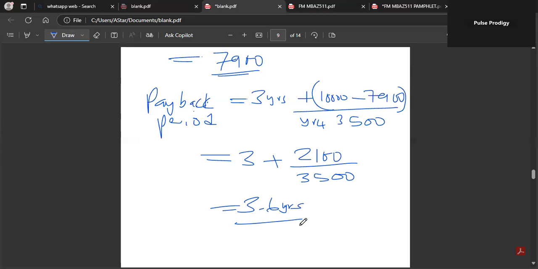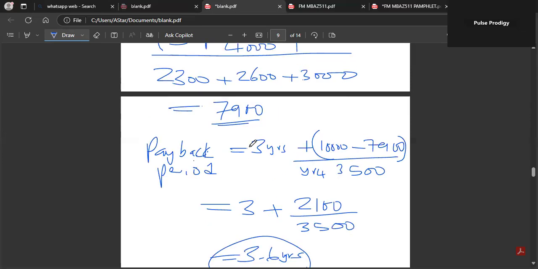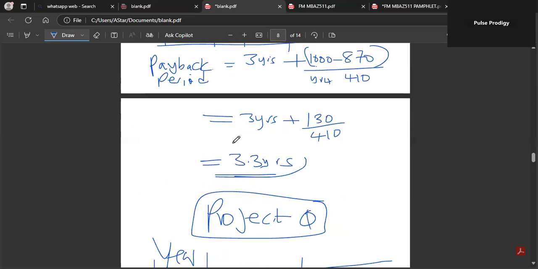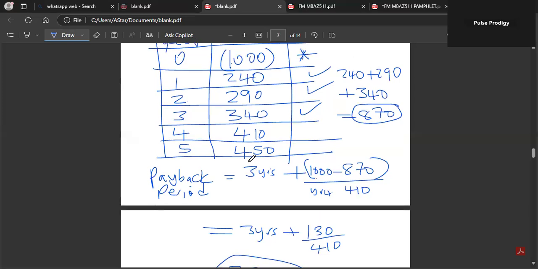So this is the payback period for project Q. You make comparisons: you're interested in the shorter payback, the better, as an appraisal technique as we evaluate the viability of a given project.